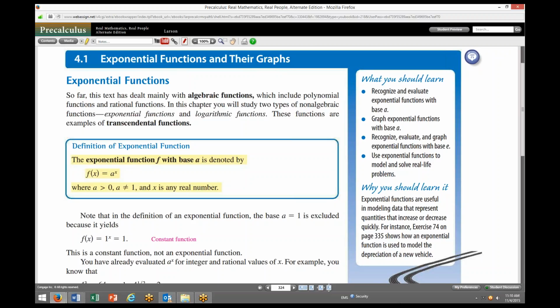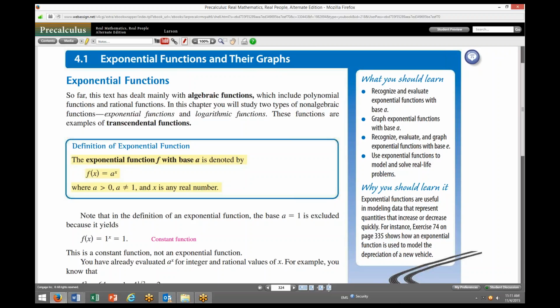Algebraic functions like polynomial functions and rational functions, the values you get with these, if you plug in, for instance, just rational numbers into these things, you always get either rational numbers out or at least square root radical type expressions like the square root of 2 or something. But with transcendental functions, you can get other types of irrational numbers as the output.